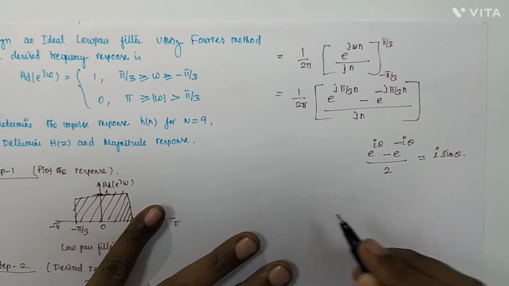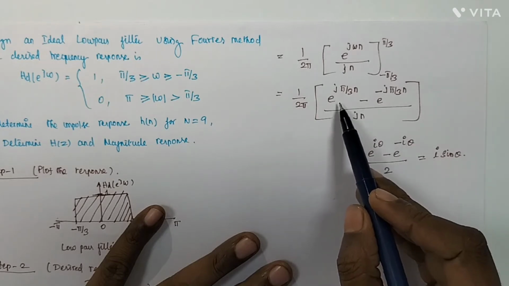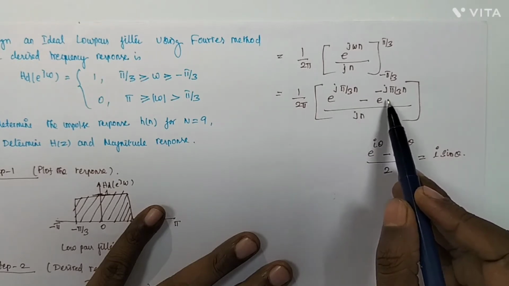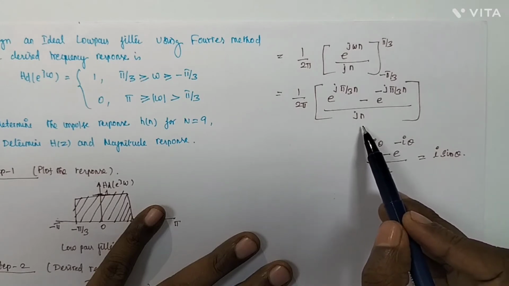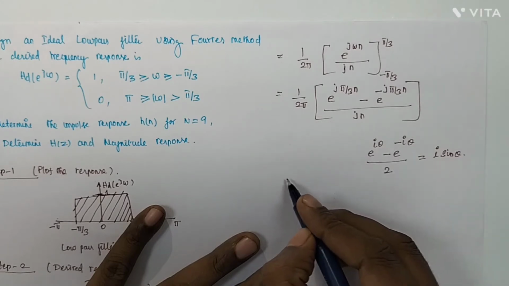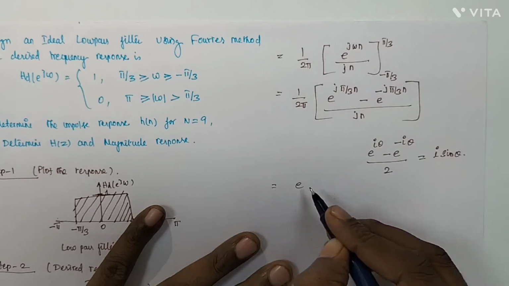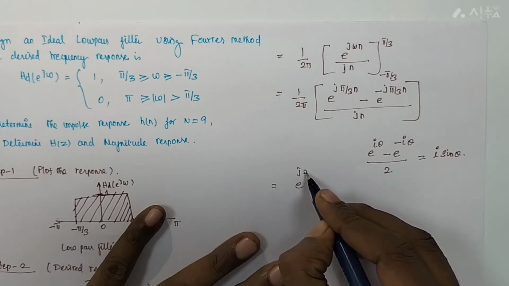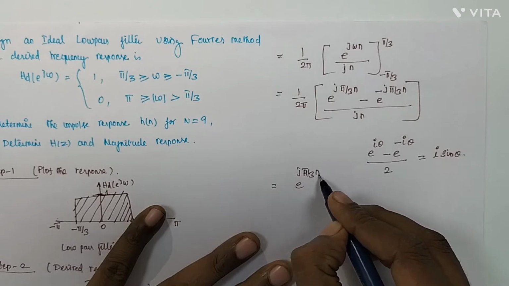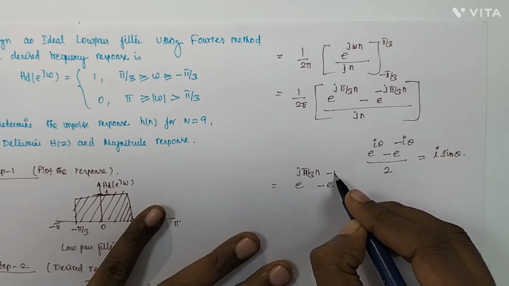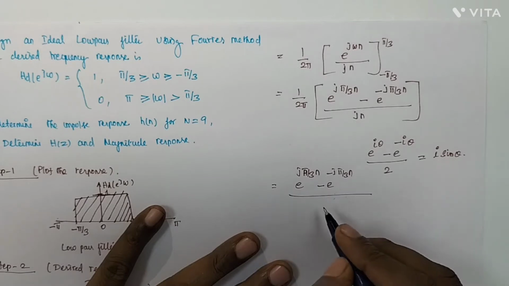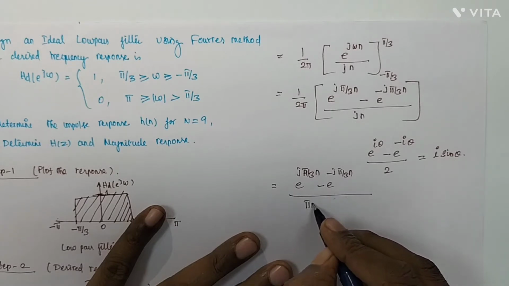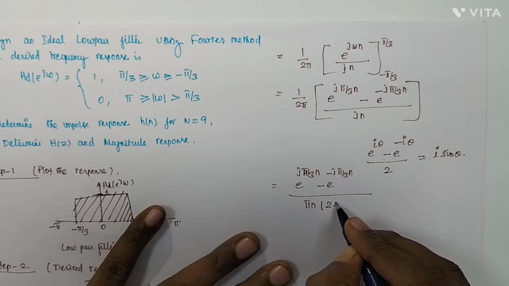Here we already have 2 pi jn, so I am going to write it as e power j pi by 3 n minus e power minus j pi by 3 n divided by pi n and then 2j.